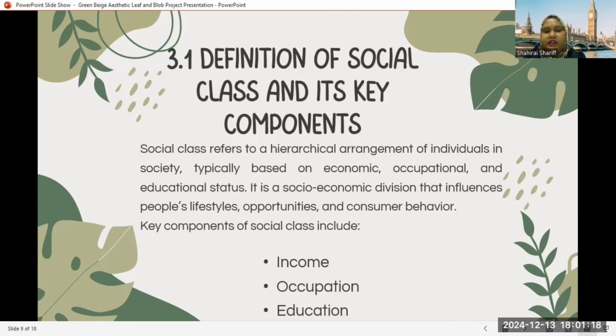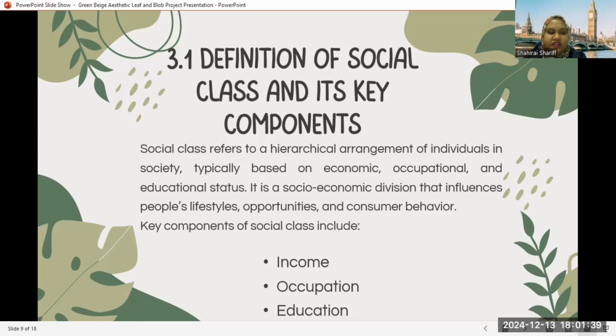Key components of social class include, first, income, which determines purchasing power and the ability to access various goods and services.